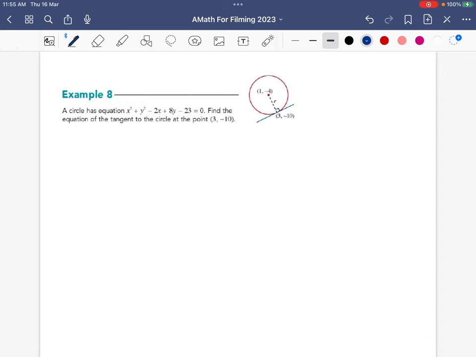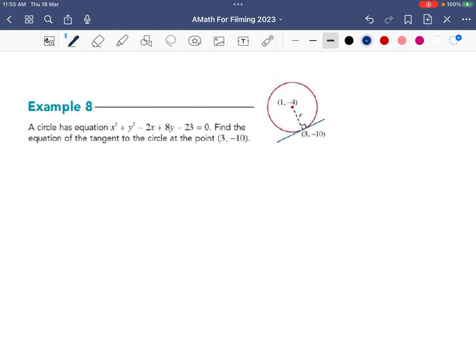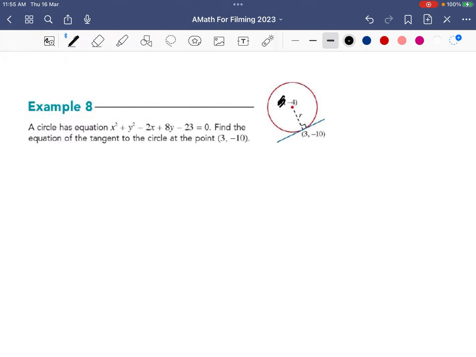Example 8. The circle's equation is given as you can see on screen, and we need to find the equation of the tangent to the circle at the point 3 and -10. At the start of the question, you will not have this center here, so let me erase this so that you don't get confused.